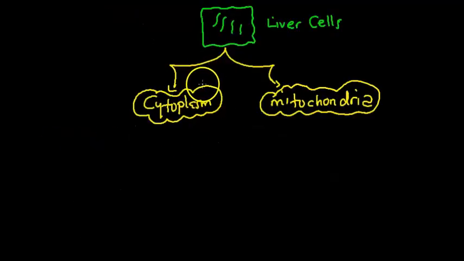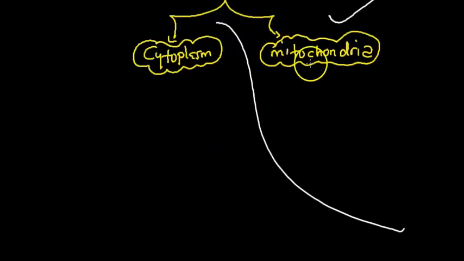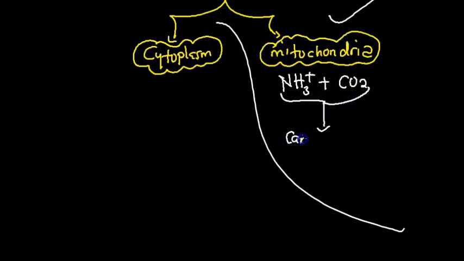In the liver cells, the cycle actually begins in the mitochondria, where ammonia combines with carbon dioxide to form carbamoyl phosphate. This simply means inside the mitochondria, the ammonia, which is 1 nitrogen with 3 hydrogen, actually combines together with carbon dioxide. And if these two combine, they are going to form what we call the carbamoyl phosphate.